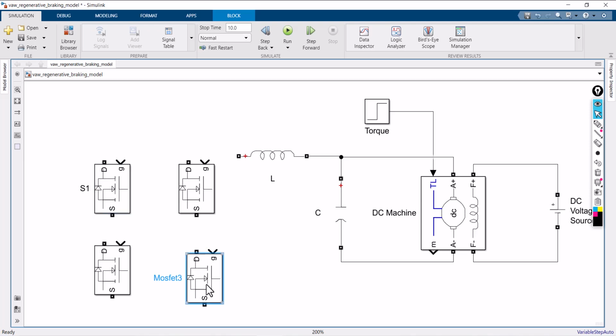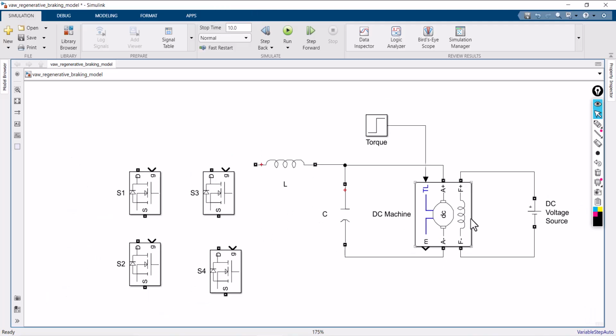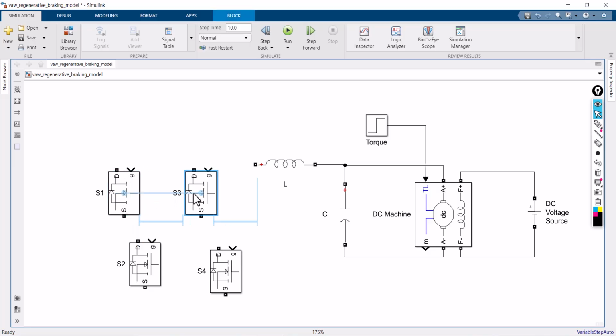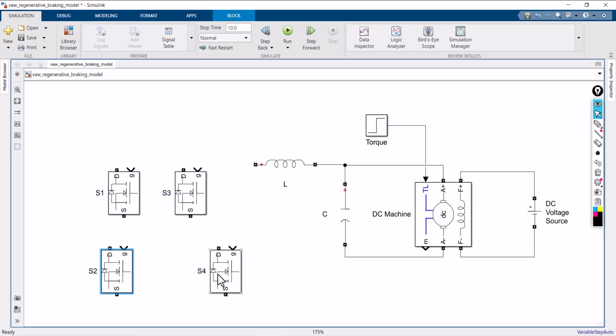S1, S4, S3, and this one is S2. I'm just going to connect the switches accordingly.